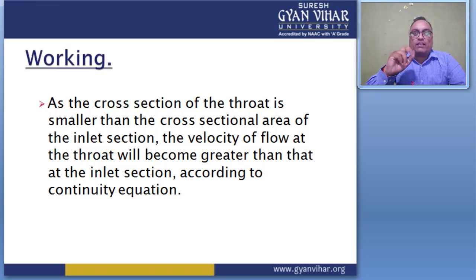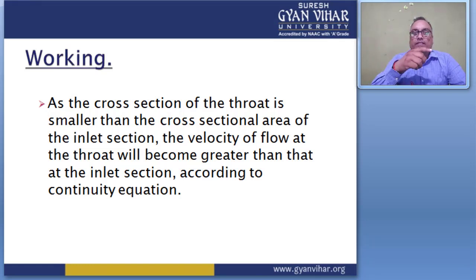The pressure at the throat and the inlet section of this venturimeter creates a pressure difference, and it gives the H level. H is the difference between the two pressures, directly represented by the difference in distance of the manometer column.